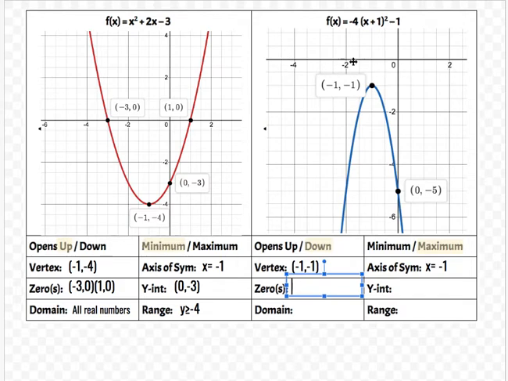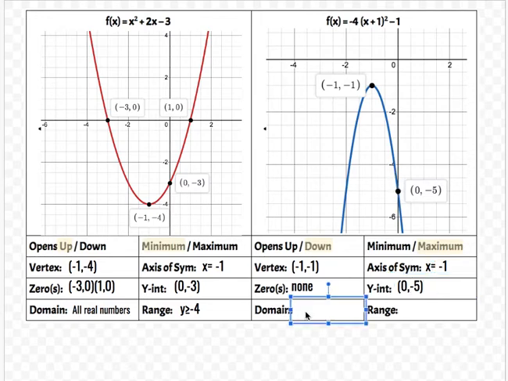Does it cross the x at all? No. So in this one, I want you to put that it has no x-intercepts, none. But it does have a y-intercept. It crosses at 0, -5, right here.